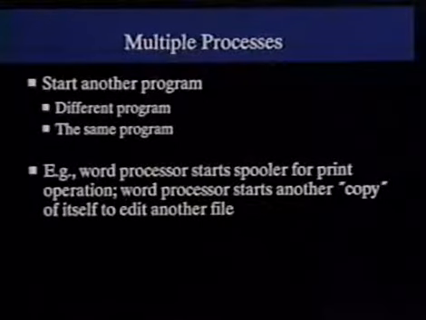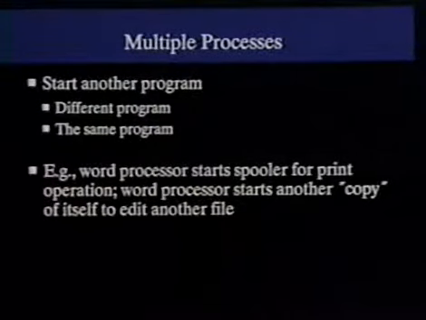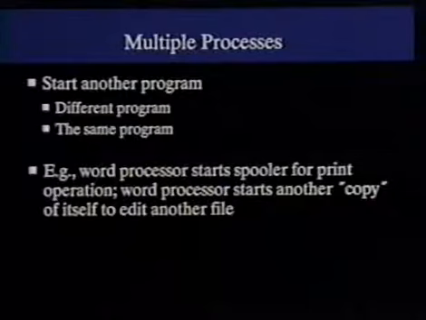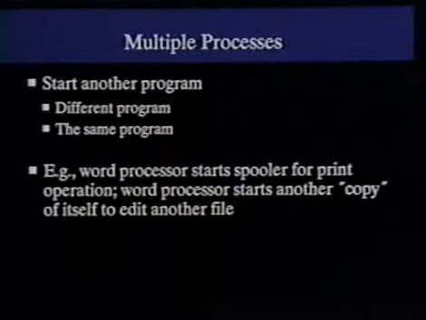All right, let's look first at multiple processes. A process essentially is a program, or it is an instance, a running of the program. So within a Windows application, we can start another program running.